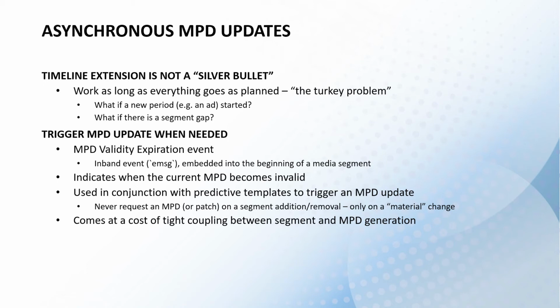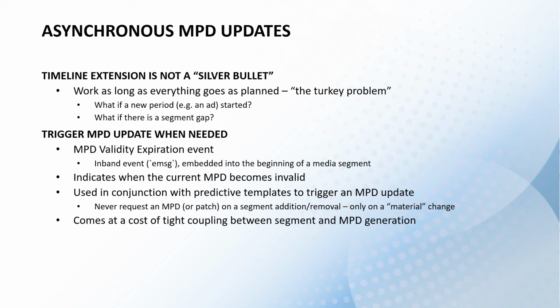Again, as in everything in DASH, you have a tool for that. The MPD validity expiration event is what helps you here. This is an EMSG, an in-band event, a blob of data embedded into the beginning of a media segment. What it does is it tells the client, hey, your MPD is going to become invalid at time X. Please go and download a new one.